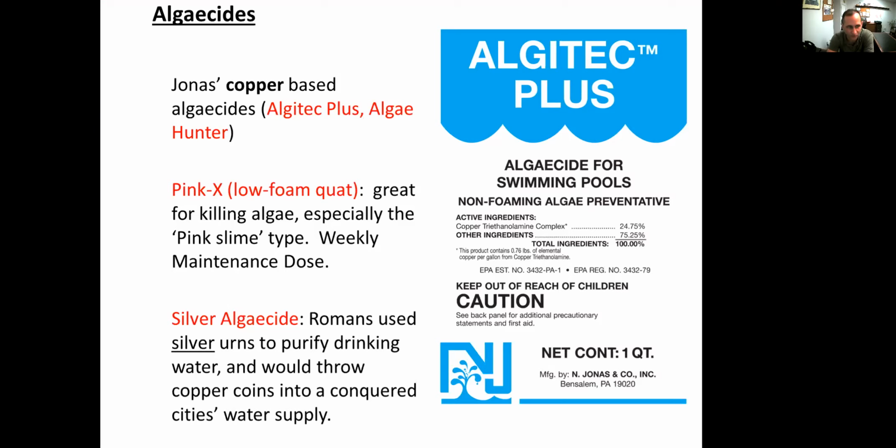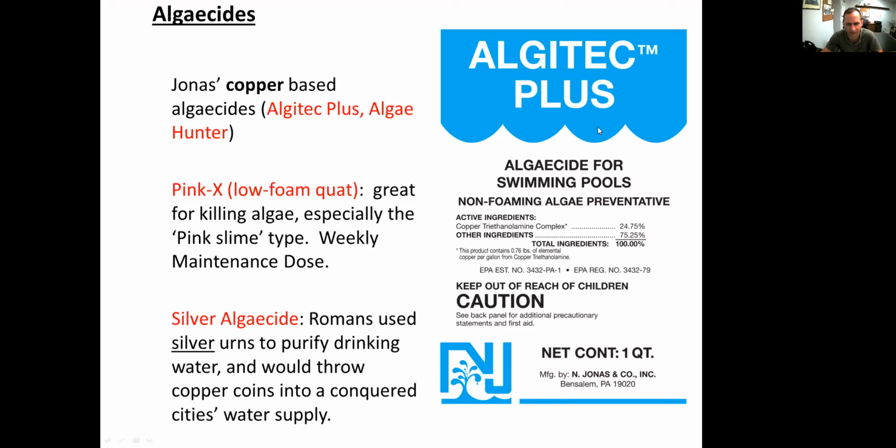I read the Romans used silver urns to purify drinking water, and copper coins they would throw into the water supply when they didn't have clean water to drink, to prevent them from being poisoned when they were in strange cities. So it's not a new thing using metals to kill bacteria.